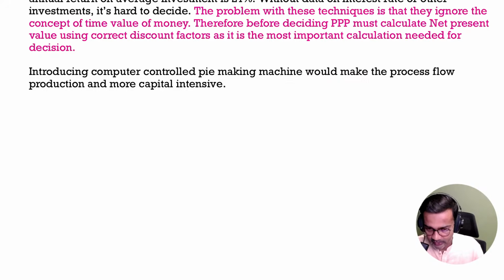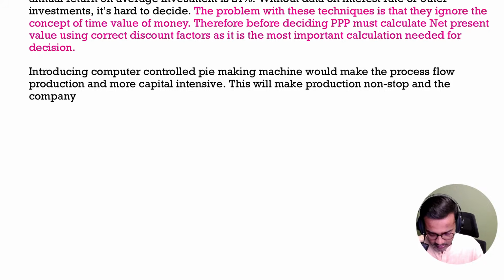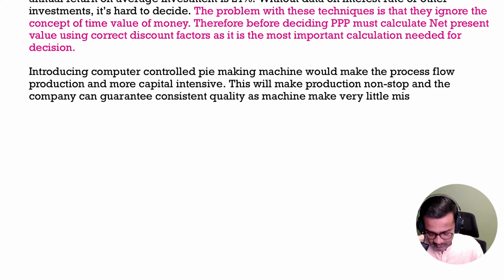Now, what does this mean? This will make production non-stop, and the company can guarantee consistent quality, right? This is what you write for capital intensive, that they can offer consistent quality as machines make very little mistakes, if any.